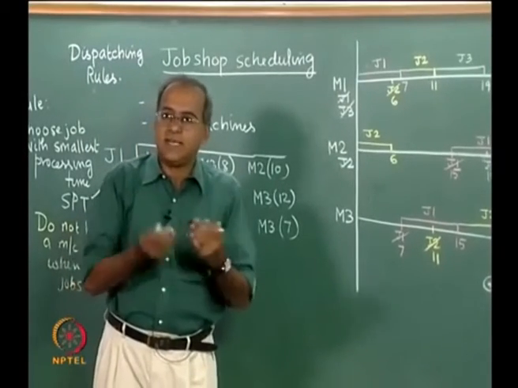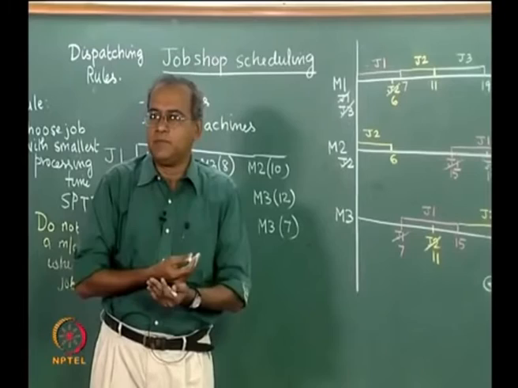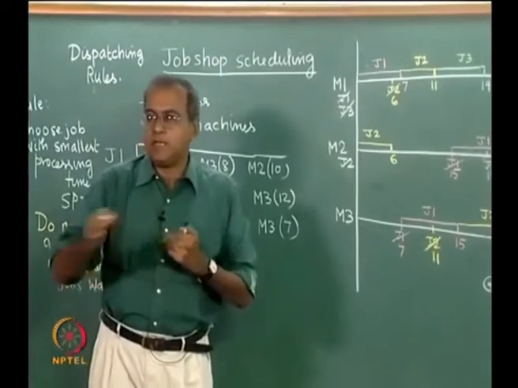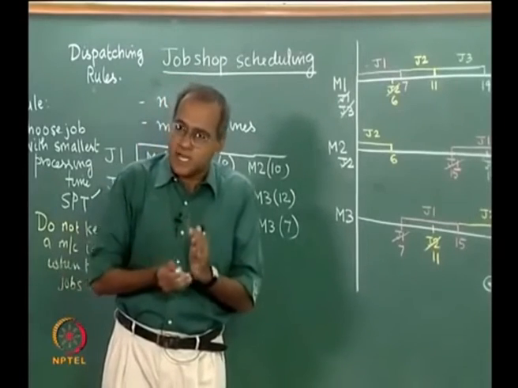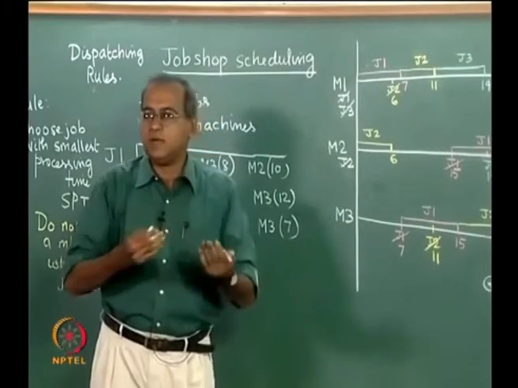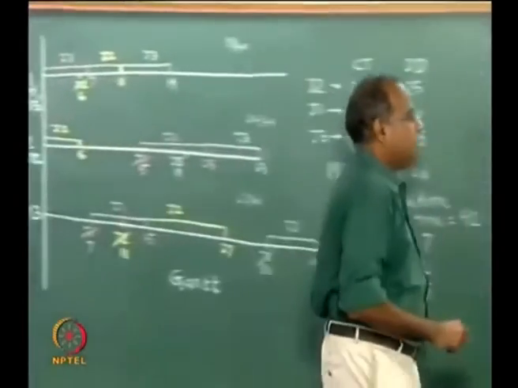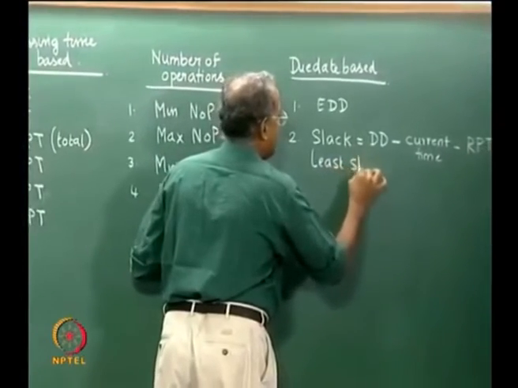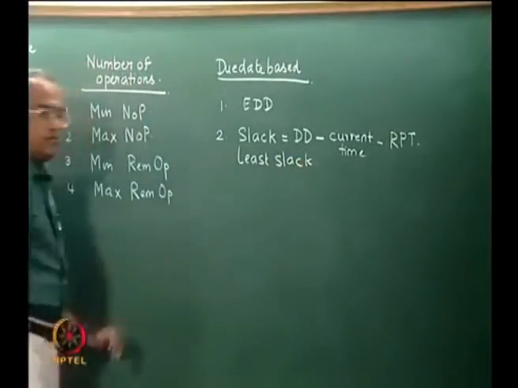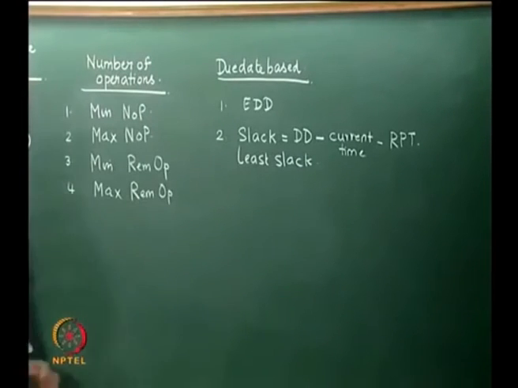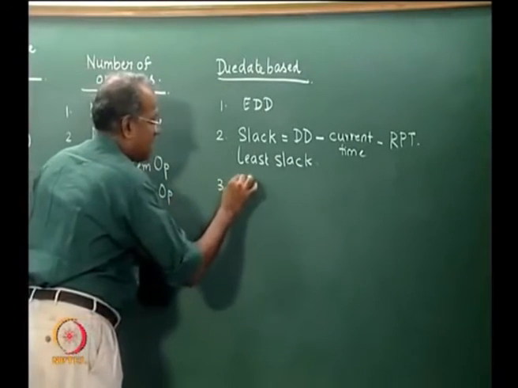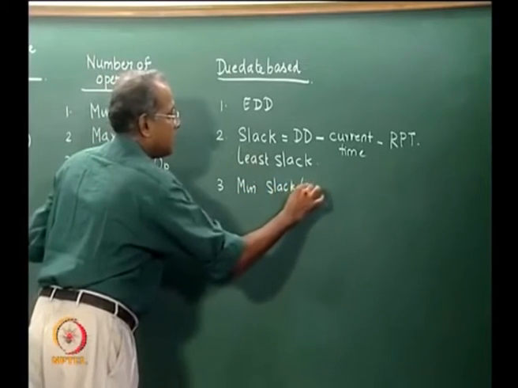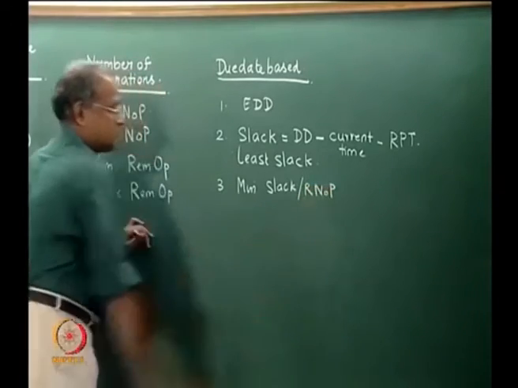Slack represents the extra time that is available, which acts like a slack or a buffer or a cushion to try and meet the due date. So, that job which has the least slack will have to be taken first. So, you could look at least slack rule. Another commonly used rule is called minimum slack by remaining number of operations.